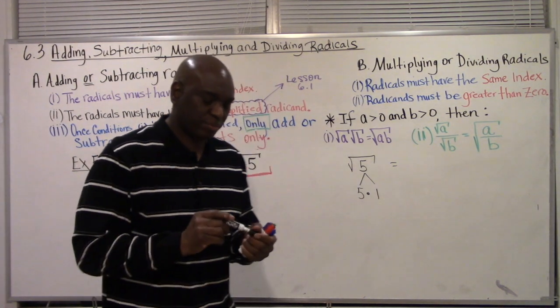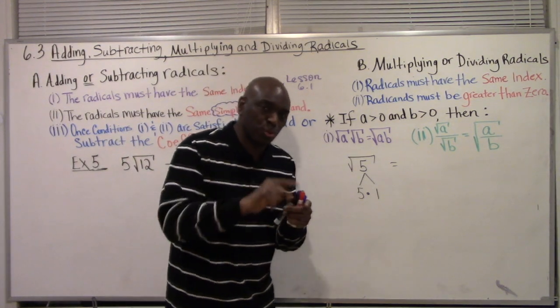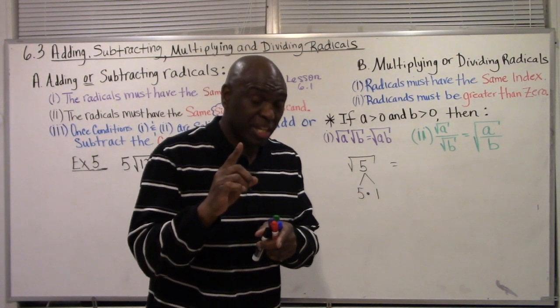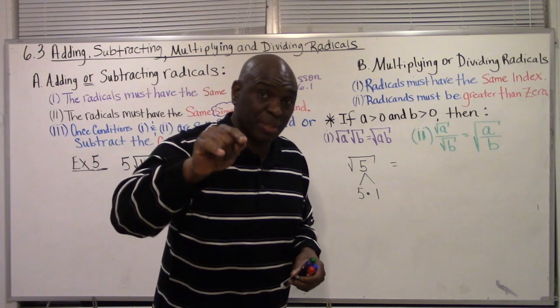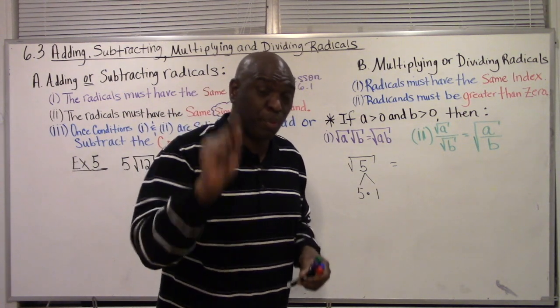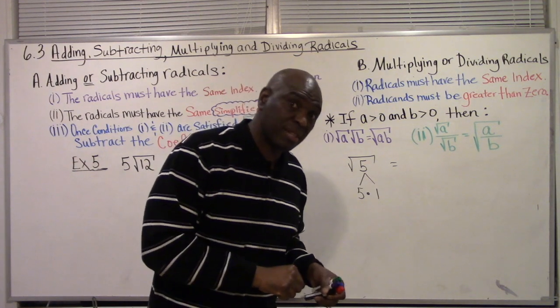Watch this. Are there any numbers that we can circle and group? Remember that? If you don't remember that, stop the tape right now and go back and watch my lesson 6.1 tape and take better notes this time than you did last time.